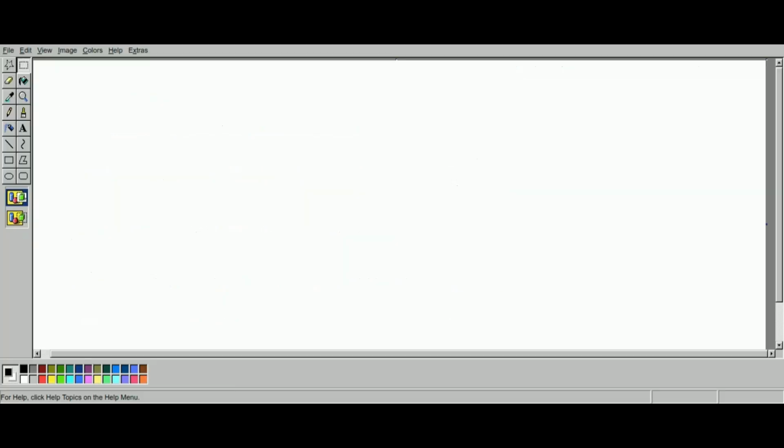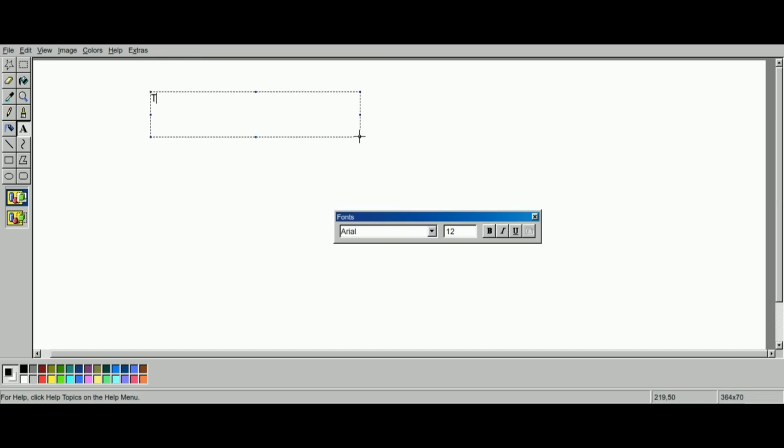Suppose this is my test field. It is actually a test case design technique that does not need any internal product knowledge.